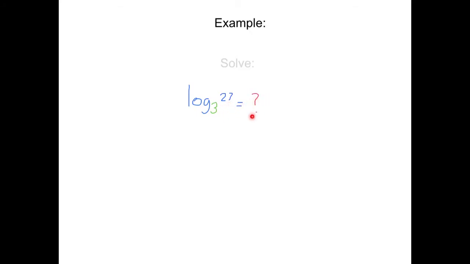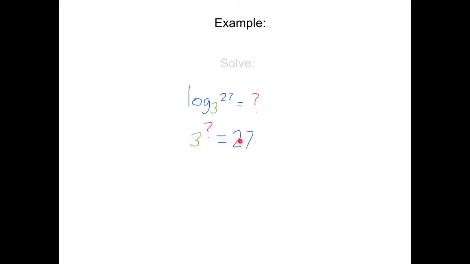So obviously we're looking for this number here. To remind ourselves, the way we would go about doing this in our head is you would ask yourself, 3 to what power gets me 27? This is the exponent way you would write it, and this is how you're probably used to it.